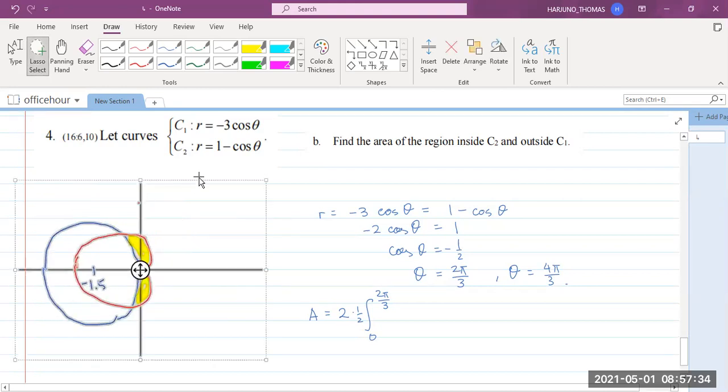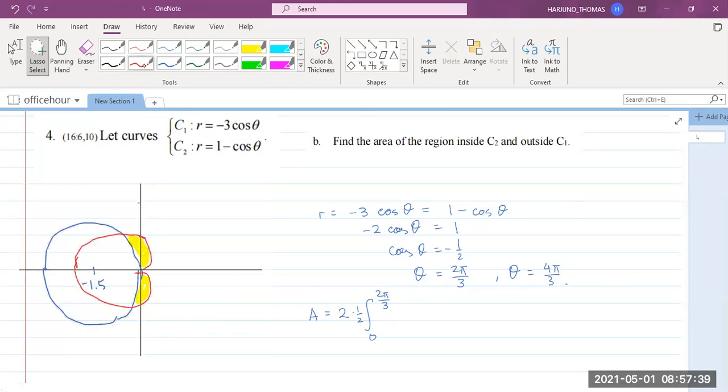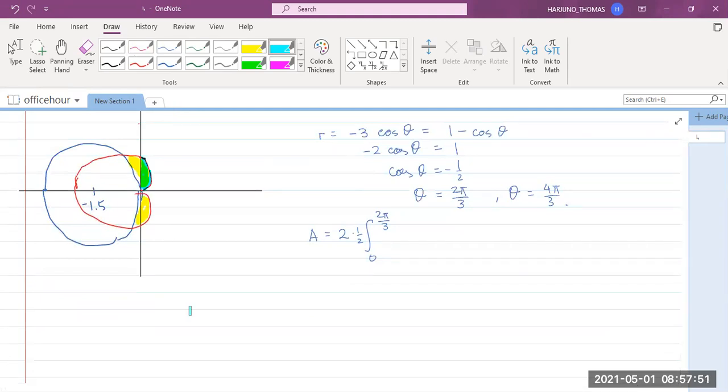Now, here's what happened. In the first quadrant, it's simply the heart. In the first quadrant, you only have heart. Now, in the second quadrant, however, if you zoom it even further, it looks like this. This is part of the heart, and part of the circle looks like this.